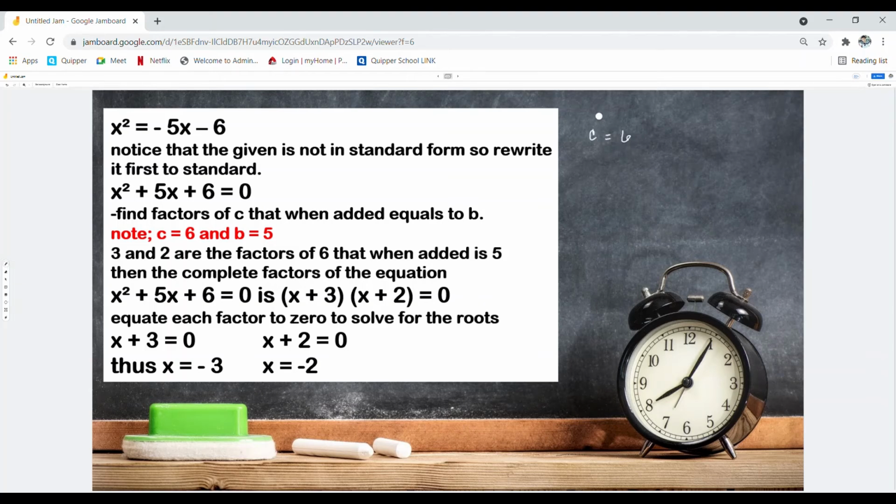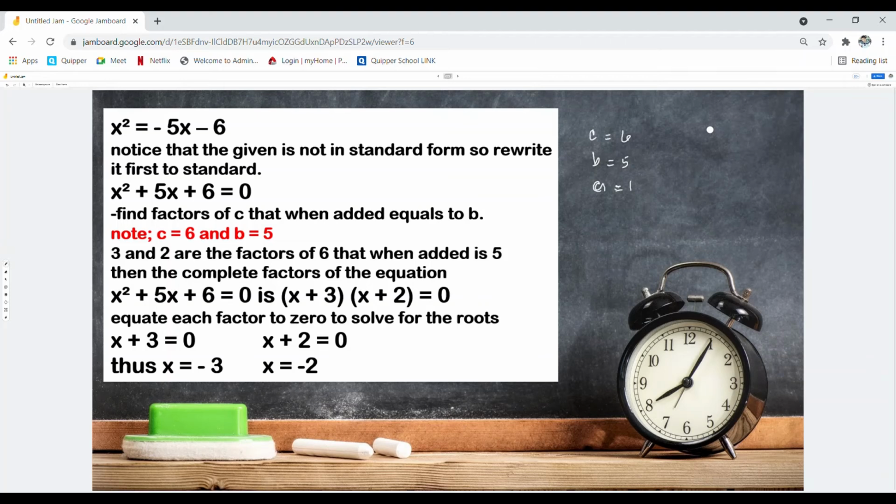Your b from that equation, which is now in standard form, is 5, and your a is 1, since we're talking about a quadratic equation where a is equal to 1. So what are the factors of 6 that when added would be equal to b, which is 5?